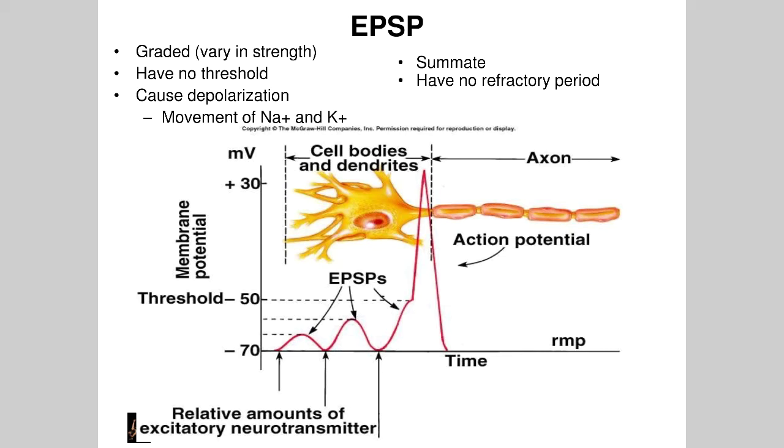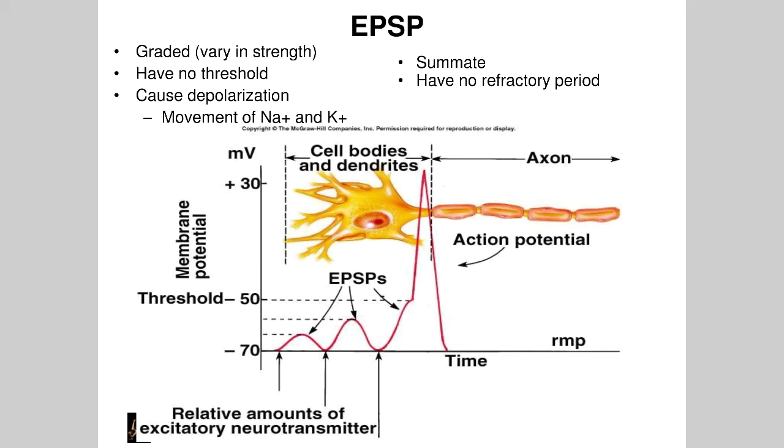You can see in the second one that another stimulus came and it was a little bit stronger, and the third one was a stronger stimulus. What does that mean? It might mean that two different neurons were stimulating this postsynaptic cell, and then their effects accumulated, meaning they summated on one another. So let's look at what that means. We can actually see that there's summation that occurs.